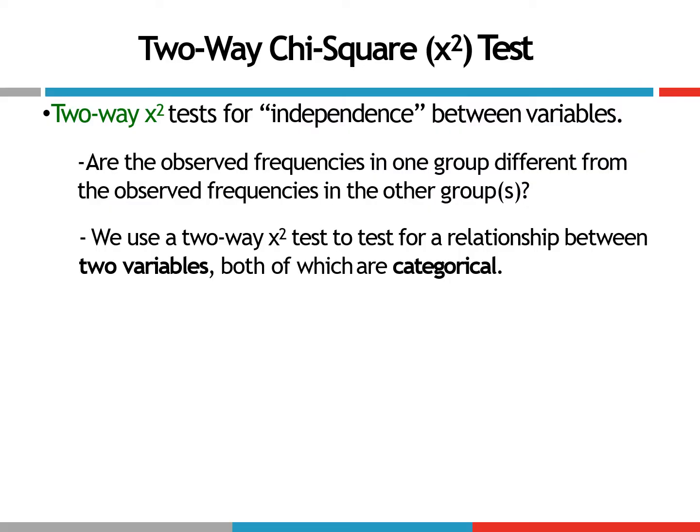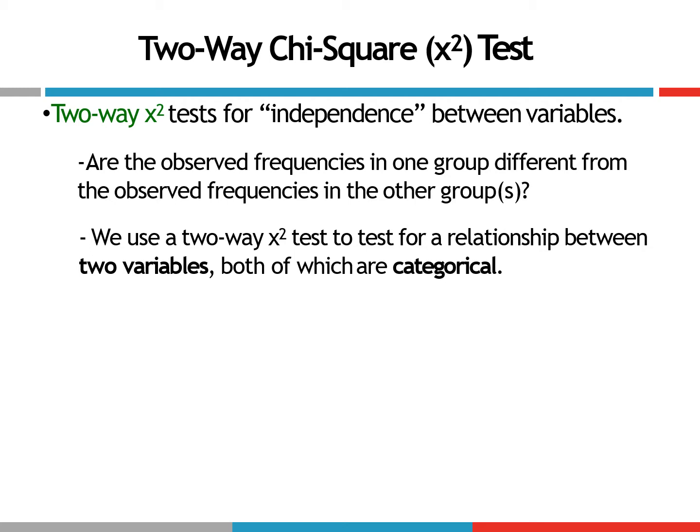All right, so the last statistical test that we talked about in Module 10 was a two-way chi-square test, right? With the two-way chi-square test, essentially what we're trying to determine is if there is a relationship between two variables, both of which are categorical. So is there a relationship between gender and likelihood to conform?